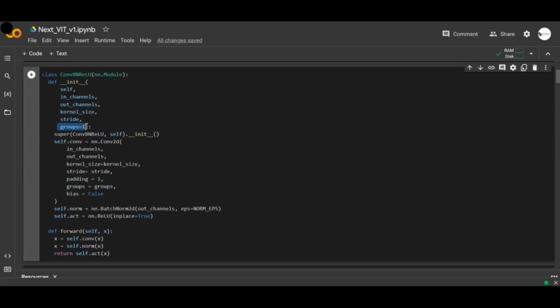However, if it's set to 1, it's just the standard convolution. Then we apply the batch norm and the ReLU. Just like I said, they didn't use layer norm or GELU in this case, mainly because based on their experimentation, they realized that these two were fast essentially.